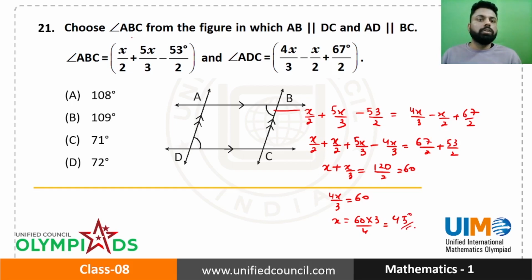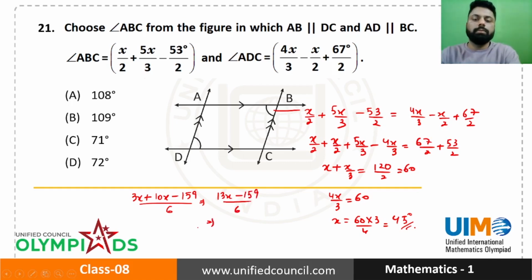So x is equal to 60 into 3 upon 4, that is 45 degrees. And we need to find out the value of angle ABC. ABC is equal to 3x plus 10x minus 53 into 3, that is 159 upon 6. 13x minus 159 upon 6.